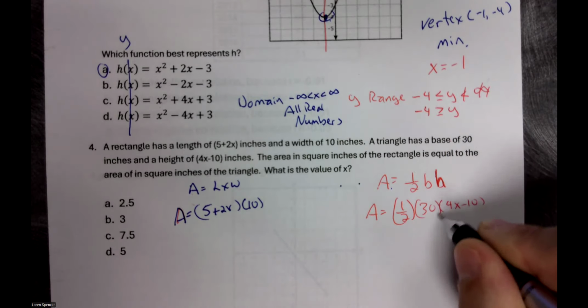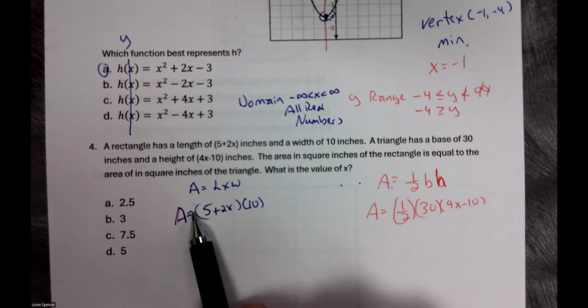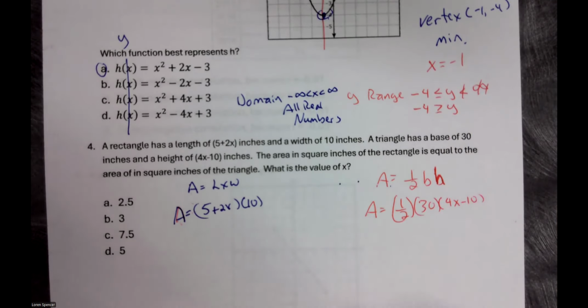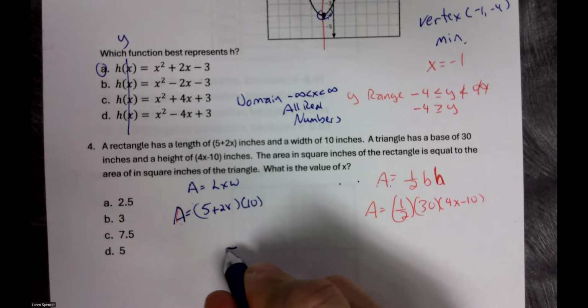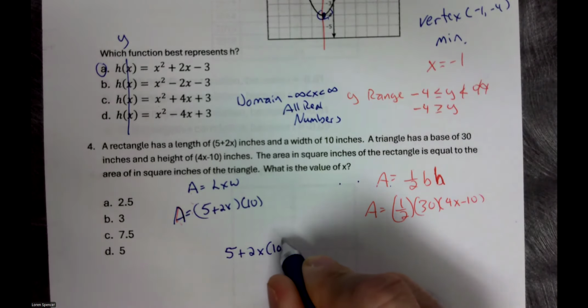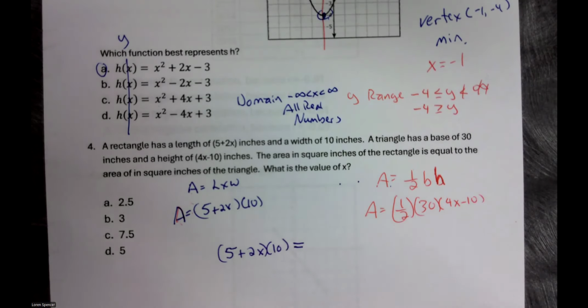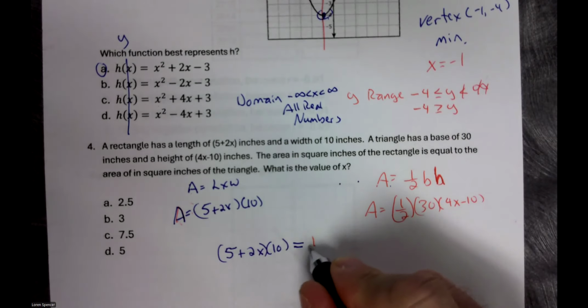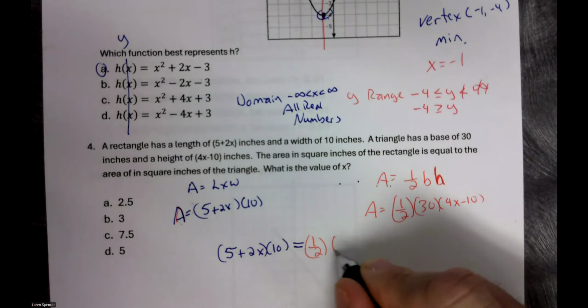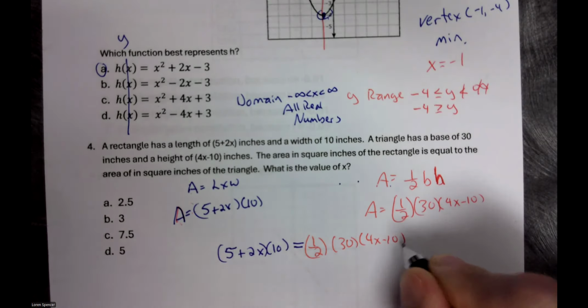And I'm going to put everything in parentheses just because it makes it easier to work with. Well, they told us this area equals this area. So really, we have 5 plus 2x in parentheses times 10 equals 1/2 times 30 and then 4x minus 10.